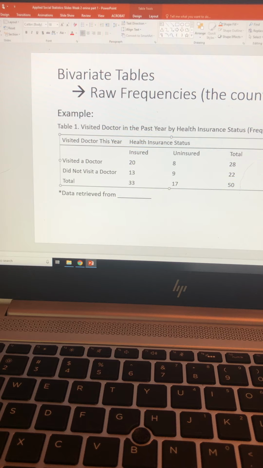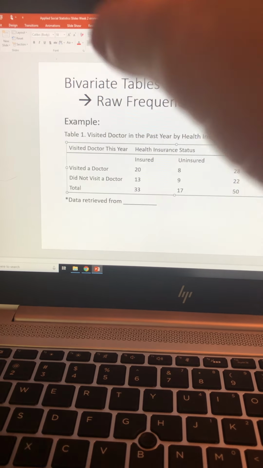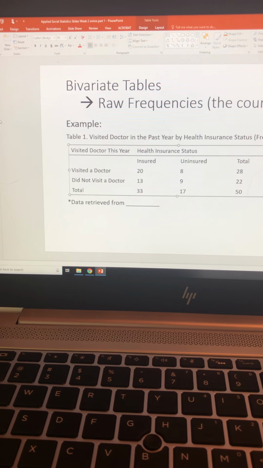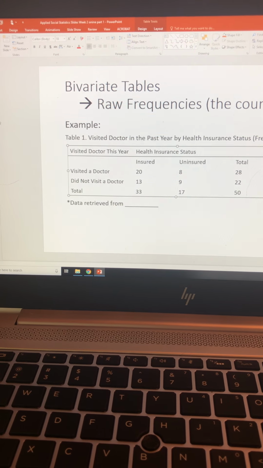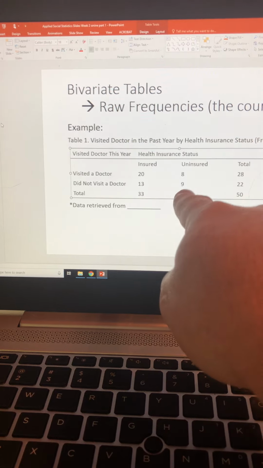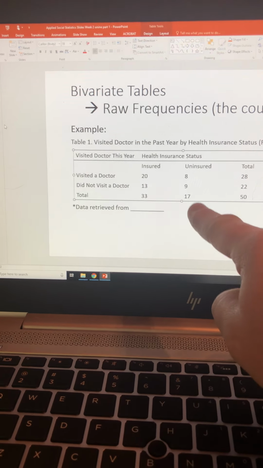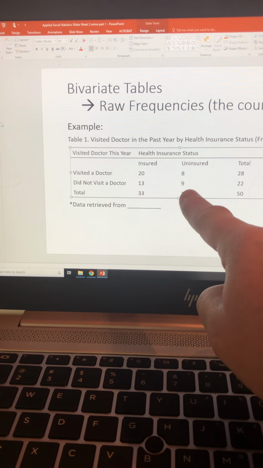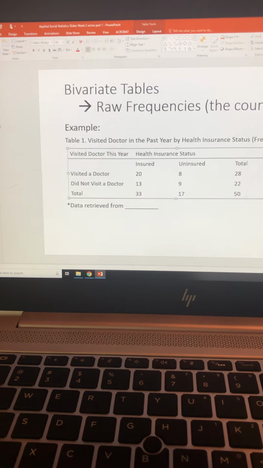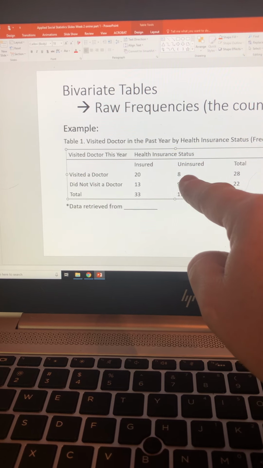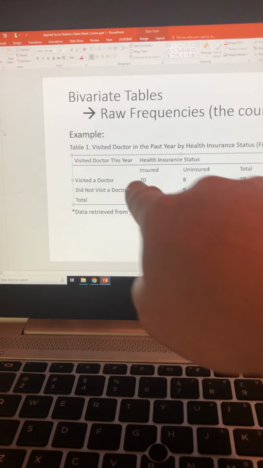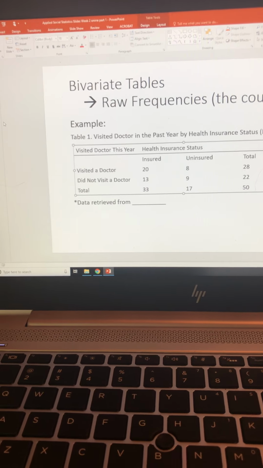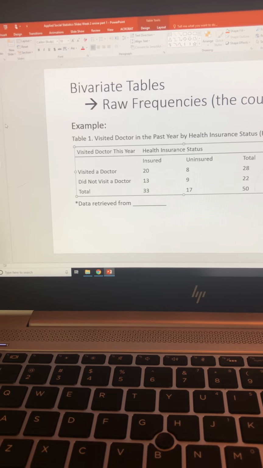In order to compare insured versus uninsured people in terms of doctor visits, we want to put those into percentages, because then we're not limited by differences in the sample size. Again, there's only 17 people who are uninsured, so the most that could have visited a doctor would be 17, which would still be less than the number of insured that visited a doctor, but only because there are more insured people.